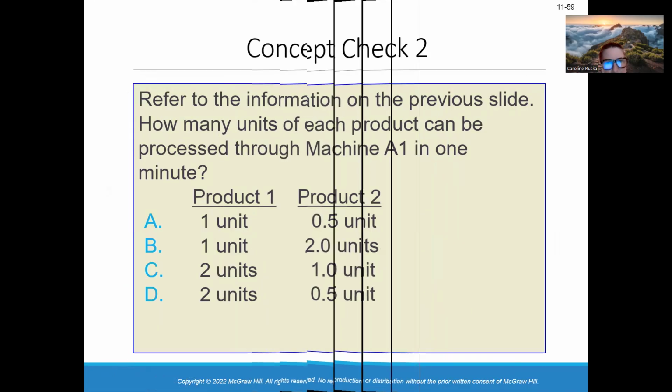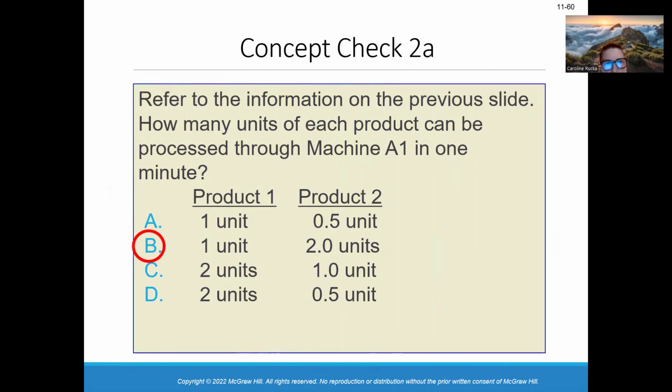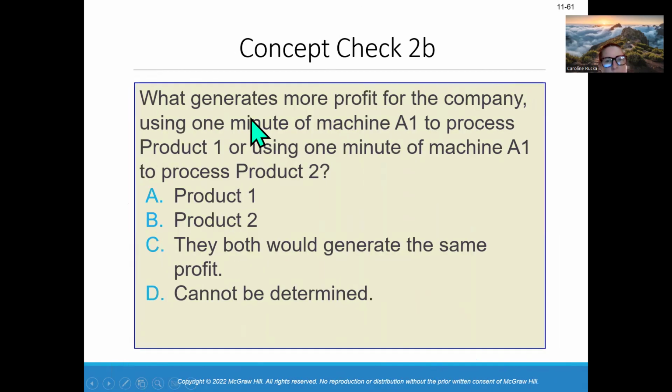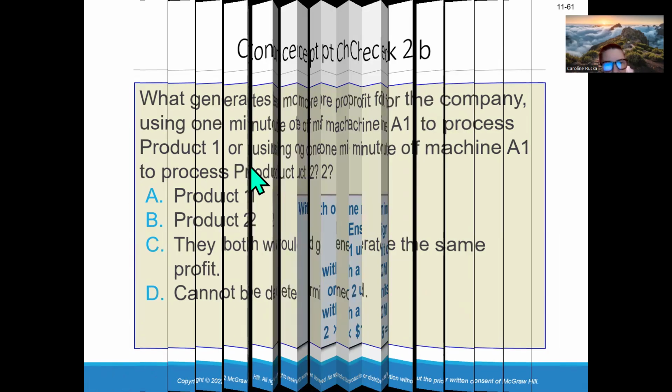All right. So remember on the previous slide, how many units of each product can be processed through machine A1 in 1 minute? So product one needs a minute to create one unit, but product two only needs half a minute. So you can produce two of them per minute. All right. Which is going to generate the most profit?